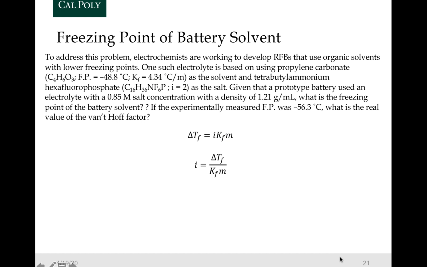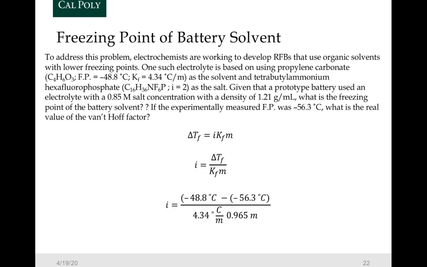If we want to figure out the Van't Hoff factor based upon an experimentally measured value, we can rearrange our freezing point depression equation so that we're solving for i, the Van't Hoff factor. We actually have all the information that we need. To get our change in freezing point, we take the actual freezing point minus the new freezing point.